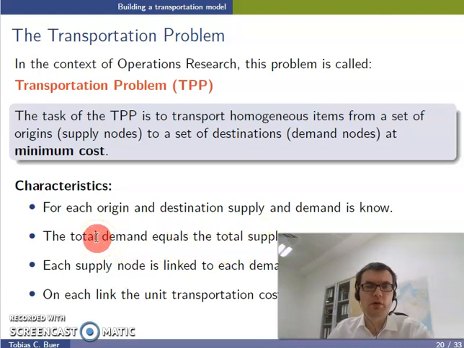The total number of cases on the supply side equals the total number of fish cases on the demand side. We are able to link each supply node to each demand node, and on each link the unit transportation cost is known. These are the assumptions and characteristics of our transportation problem.